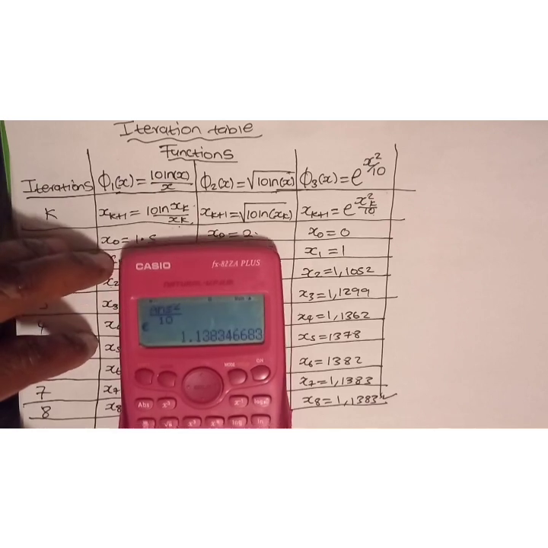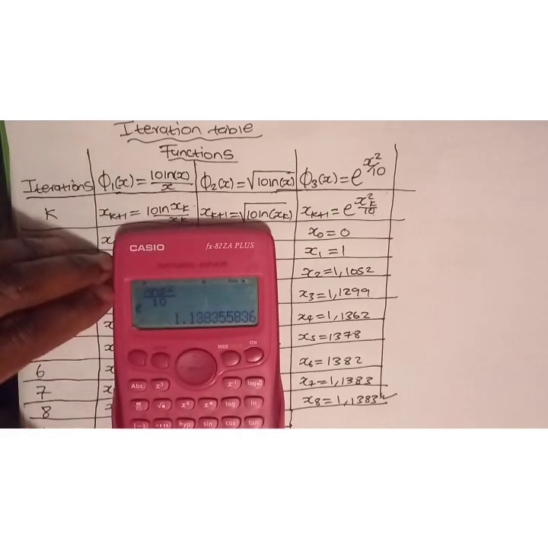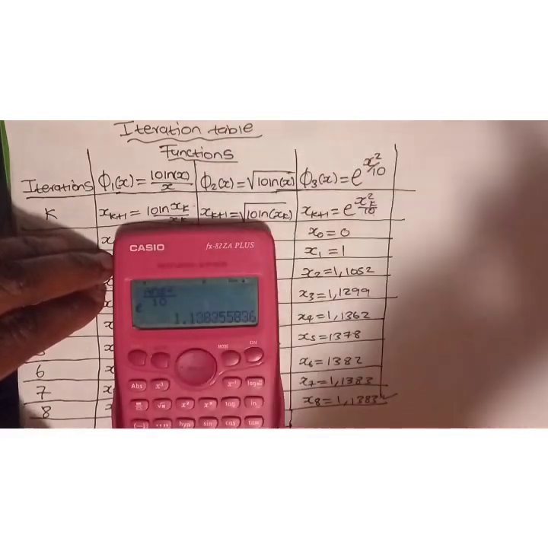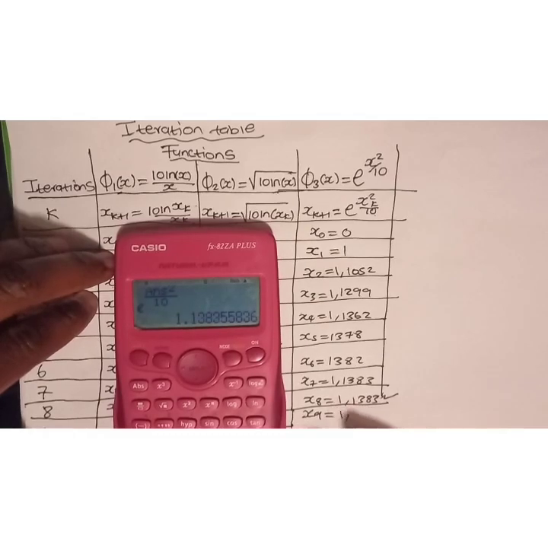For x8, I'll get this value. So you can see the value, which means at iteration 9, my root will be 1.1384. So that's how proceeding it goes.